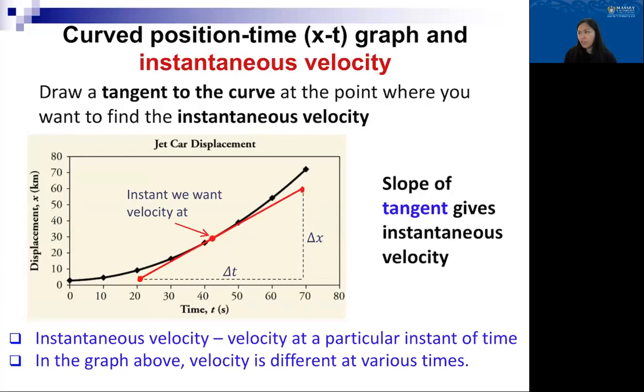So we can see here that if your graph is curved and you want to get the instantaneous velocity at different times, you need to draw a tangent line at those different times. You'll see that the slopes for these tangent lines are different at various times, which tells you that the velocity is different at various times. Right?